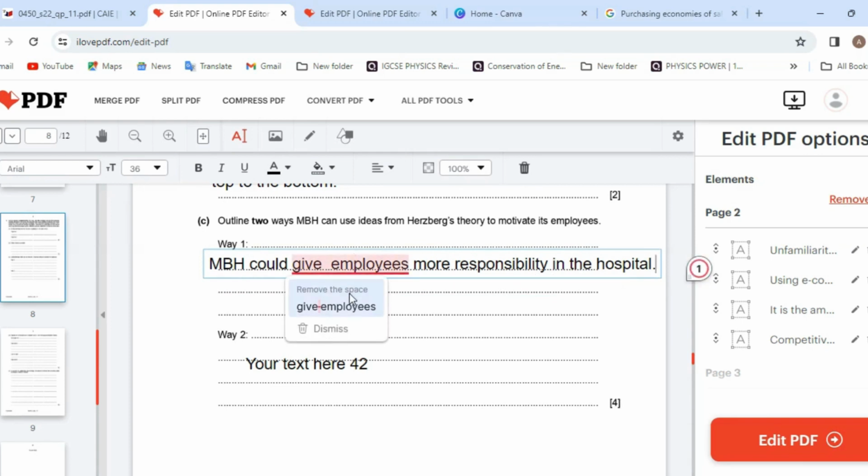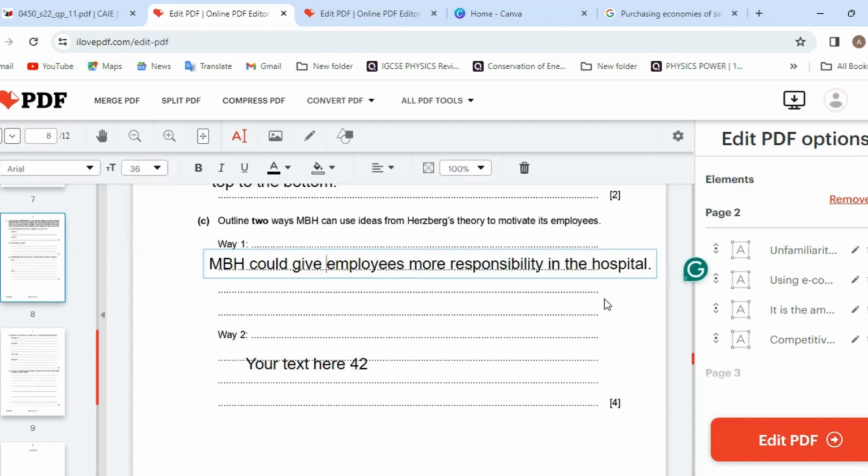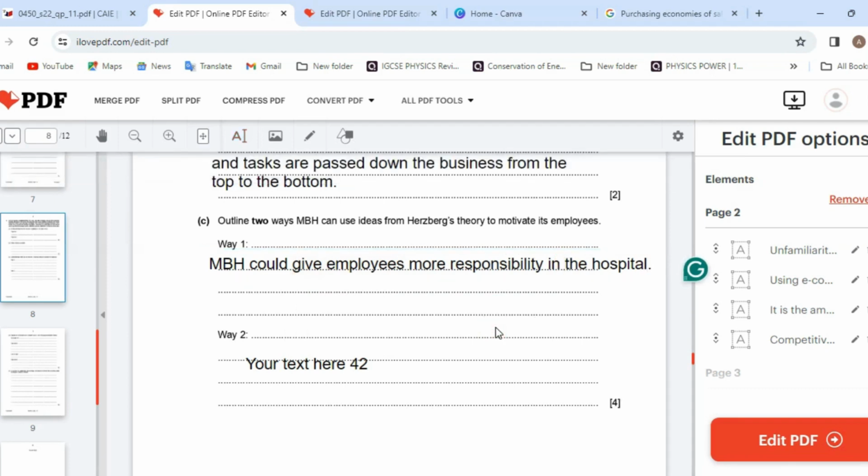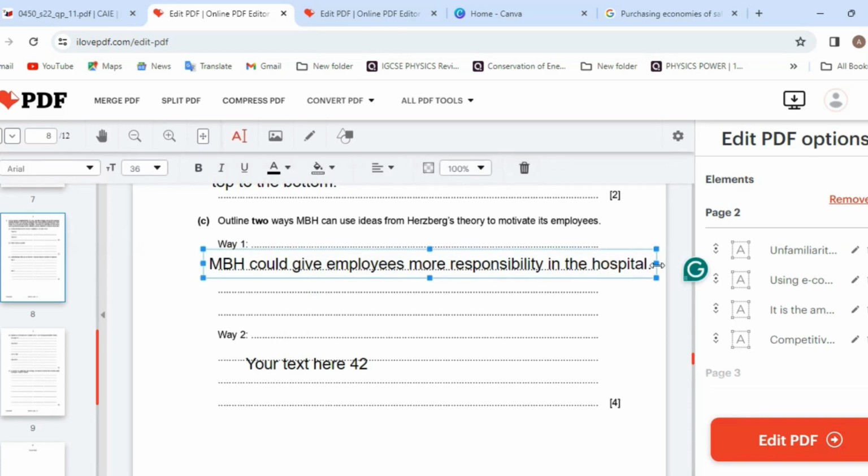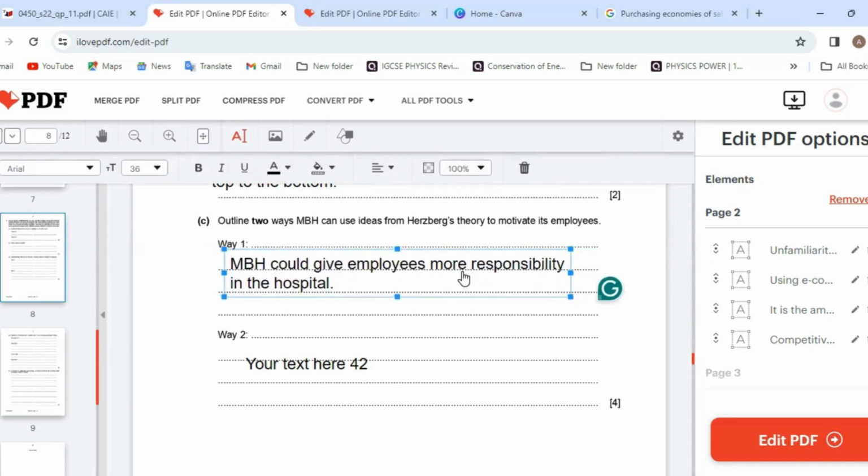Okay, let's try and reduce this before we identify another way by Herzberg here. It can also give a chance for promotion.